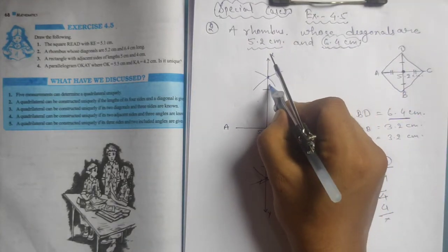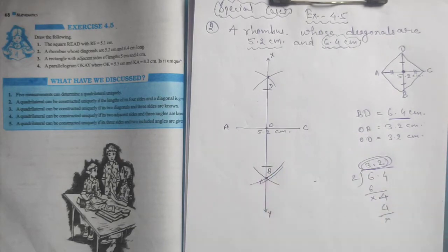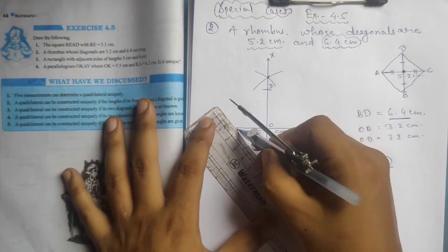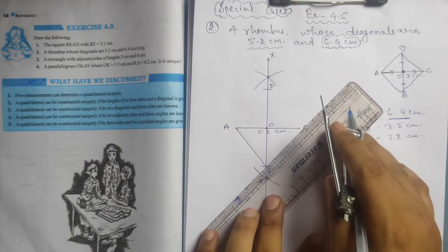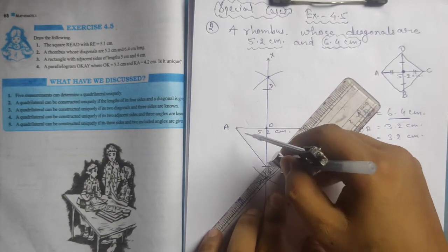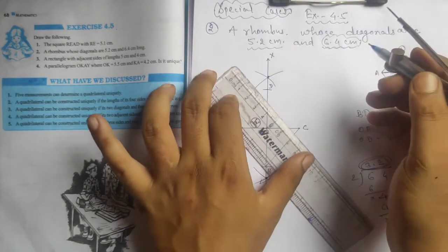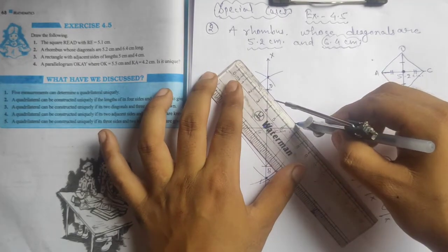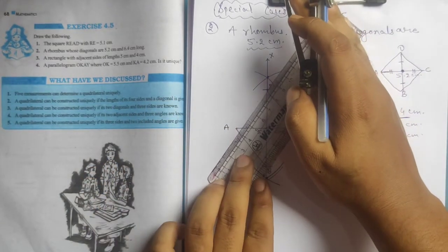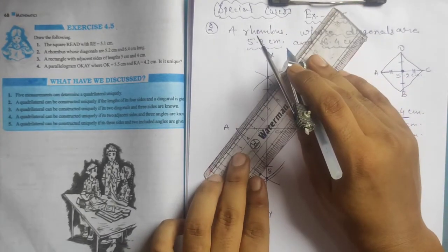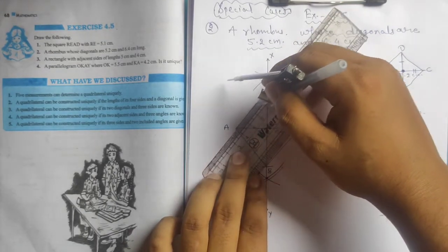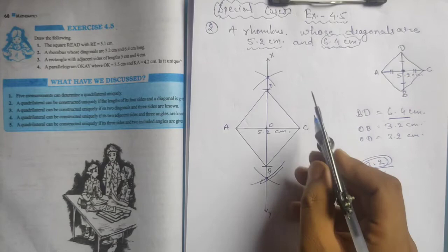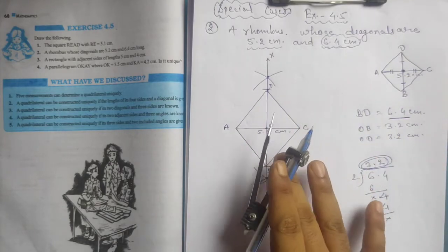We get two points D and B. Now we have to join A to B, B to C, now C to D, and at last D to A. If we join D to A, we get the required rhombus ABCD. Okay, this is the required rhombus.